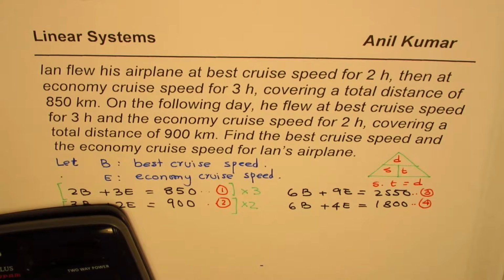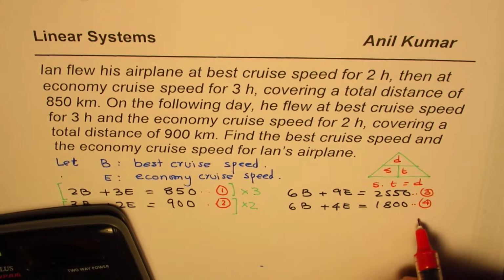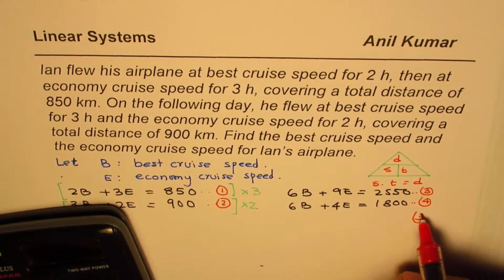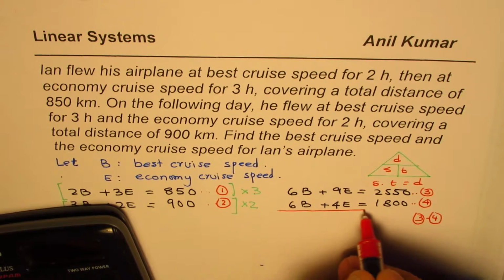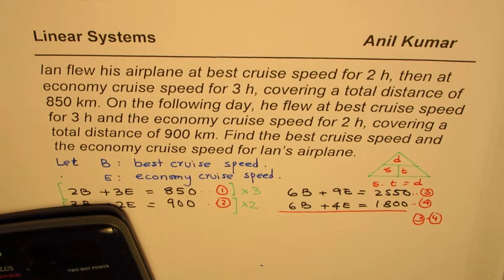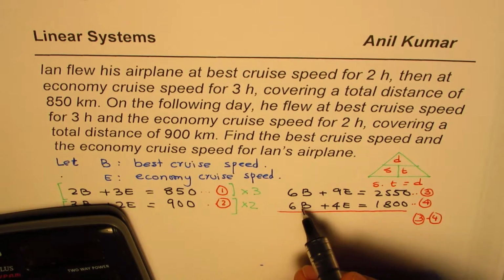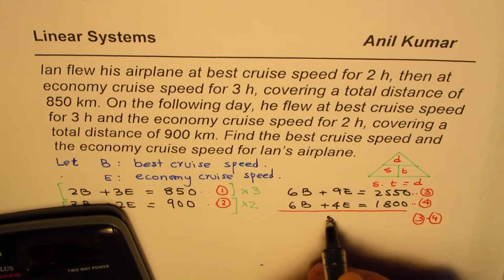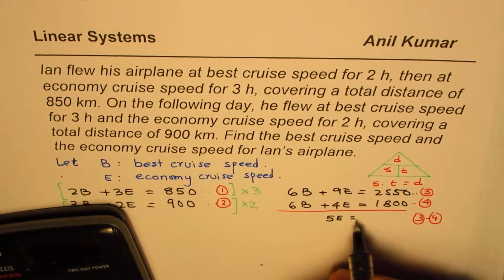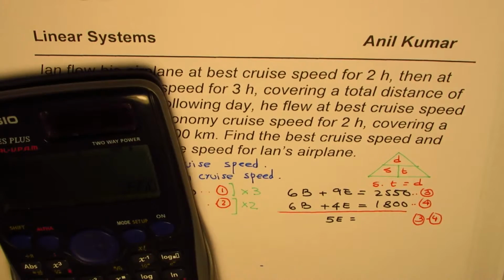How to eliminate? Simple. We just need to do equation 3, take away equation 4, correct? So then you eliminate. B gets eliminated. 9 minus 4 is 5, so we get 5E equals 2550, take away 1800, right?